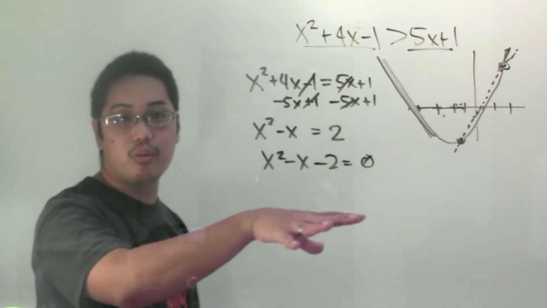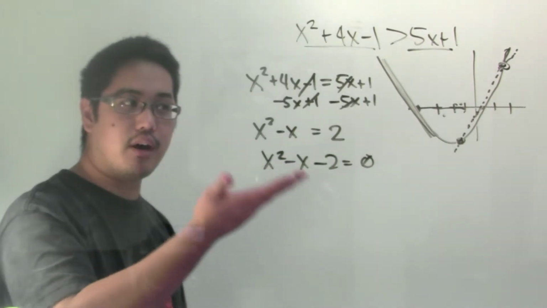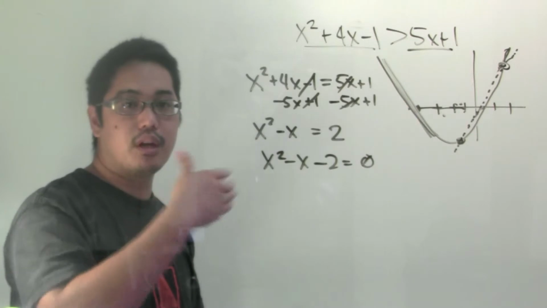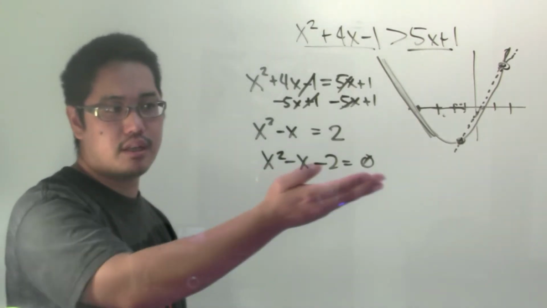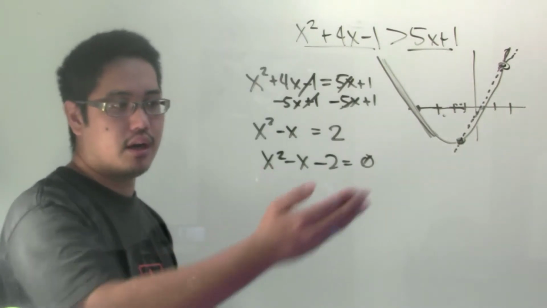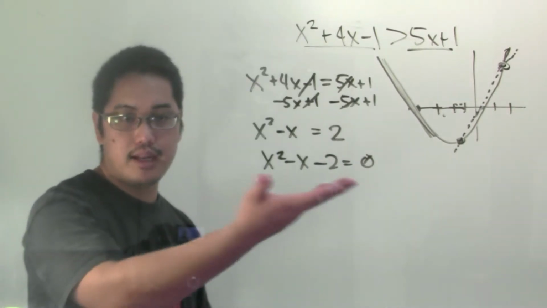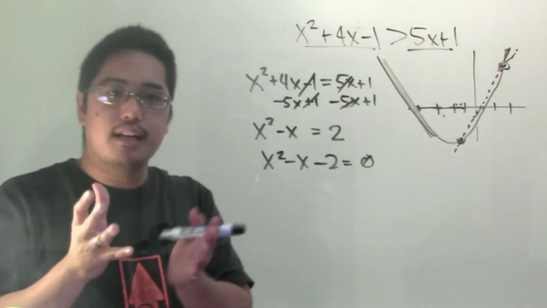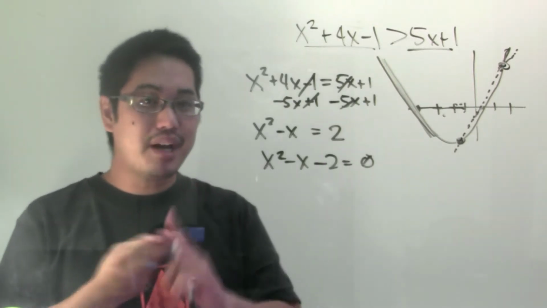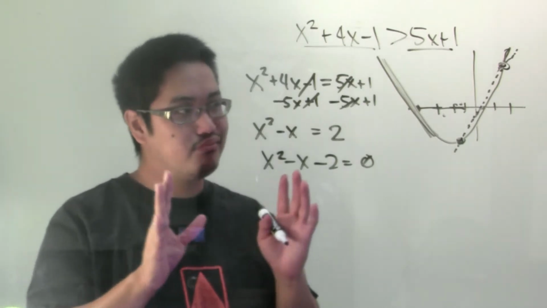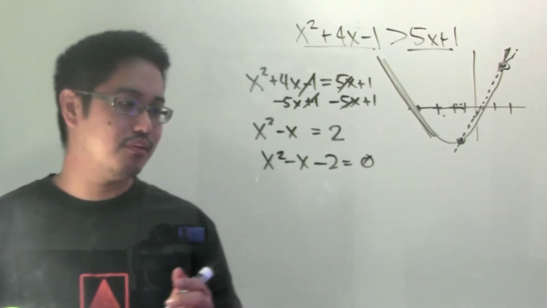When it's in this form, I kind of know how I might be able to solve it. This is a quadratic equation, set equal to 0. I know the techniques to solve that. I can use the quadratic formula, I can complete the square. I might even be able to factor it. Let's see if that's possible.